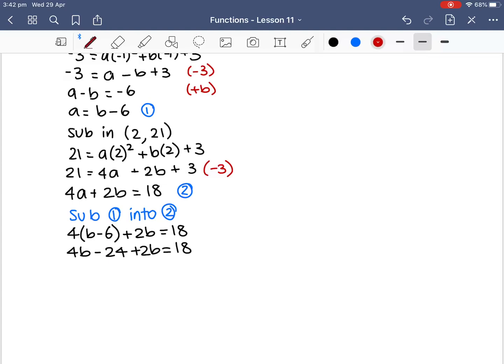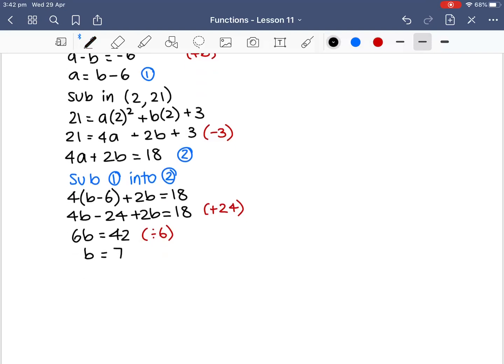I'm going to collect like terms, adding 24 to the other side and collecting our b's together, meaning we have 6b equals 42. Then I divide both sides by 6, and I get b equals 7.